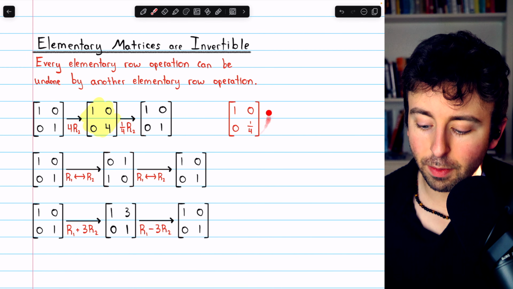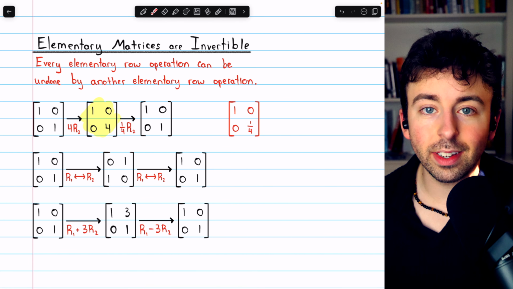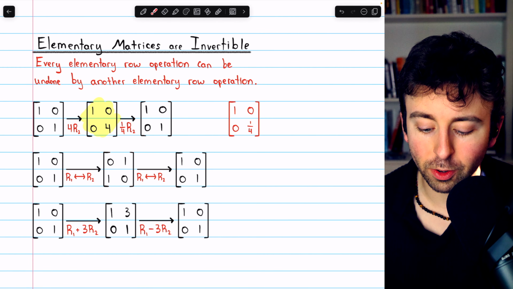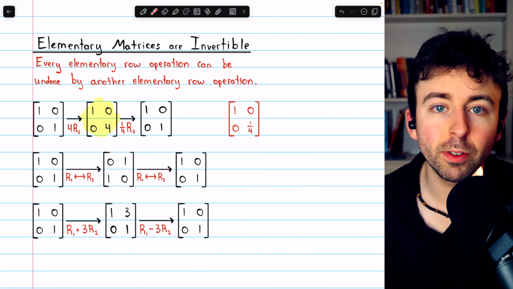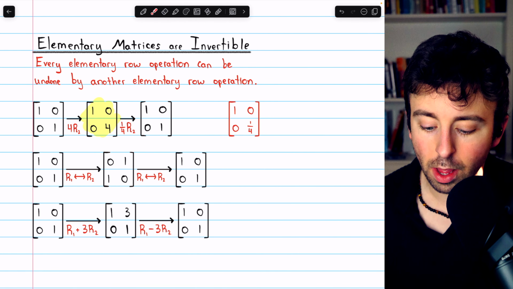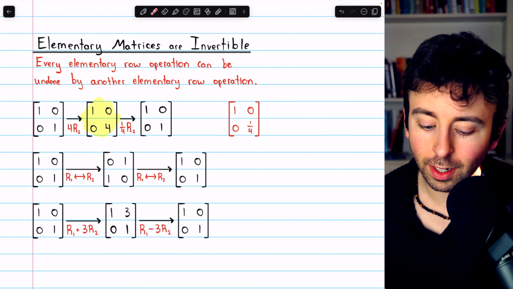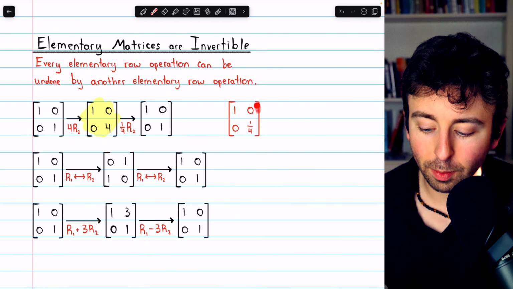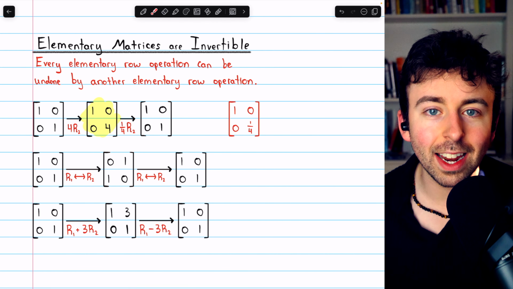And that is this matrix here. So since each elementary matrix results by just performing an elementary row operation, and every elementary row operation can easily be undone by another elementary row operation, and each of these corresponds to elementary matrices, clearly elementary matrices have inverses. This guy times this guy is going to produce the identity.